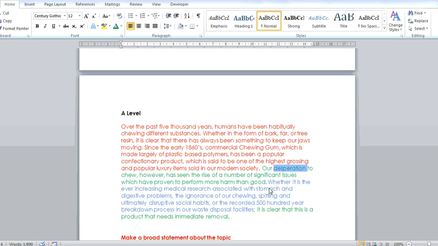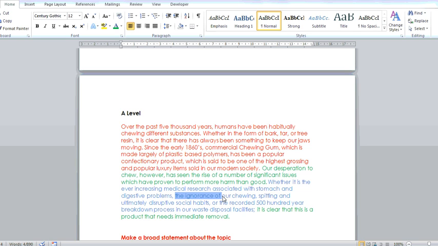Desperation in this case is the noun, has seen the rise of a number of significant issues. Again, nominalization, which have proven to perform more harm than good. Whether it is the ever-increasing medical research, that's nominalization, associated with stomach and digestive problems, that's nominalization.